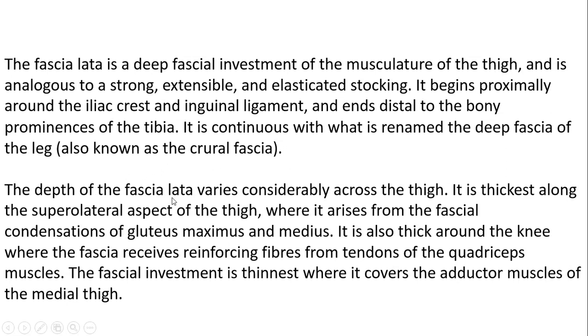The thickness varies considerably across the thigh. It is thickest along the superolateral aspect of the thigh, where it arises from the fascial condensation of gluteus maximus and medius, and thick around the knee, where the fascia receives reinforcing fibers from the tendons of the quadriceps. The fascial investment is thinnest where it covers the adductor muscles of the medial side of the thigh.